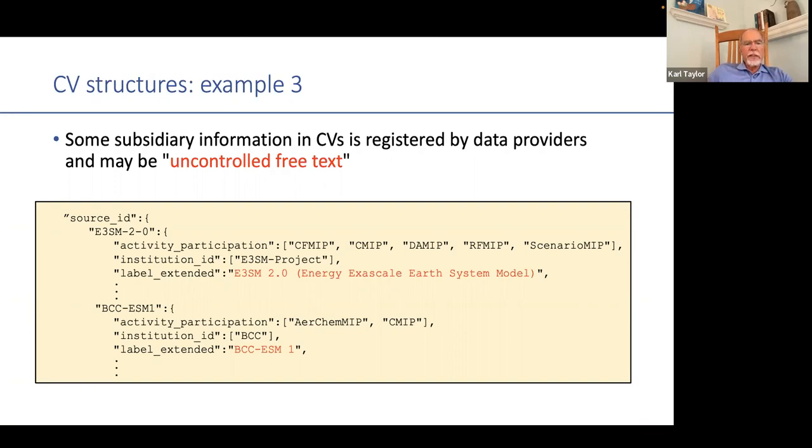You notice that the actual source ID value, E3SM-2-0, these values cannot contain periods or spaces, because this particular data descriptor is used in file names, for example, where some systems don't like you to have blanks or periods. But in the label extended, you can write it the way you would normally perhaps identify your model.